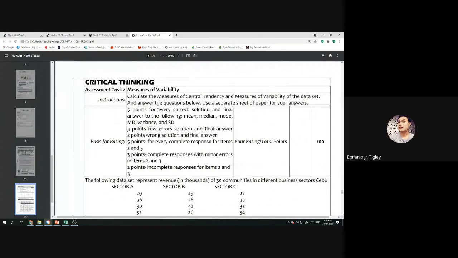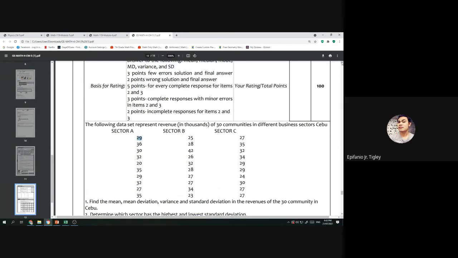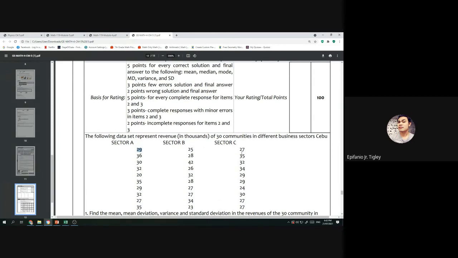This is now our critical thinking part. What are you going to solve? You will be solving the mean, the median, the mode, the mean deviation, the variance, and the standard deviation for sector A. The same for sector B, and the same thing with sector C. Then answer the following questions.